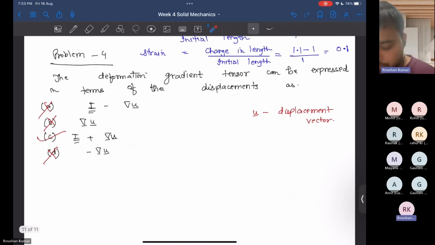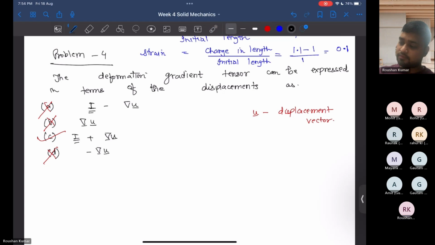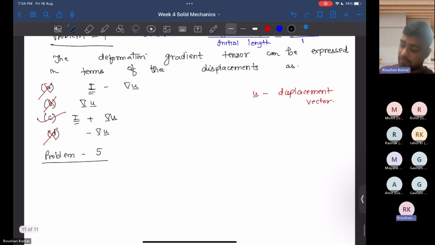Now coming to the next question. This is the last question of this session, problem number 5. This is also a multiple choice question.